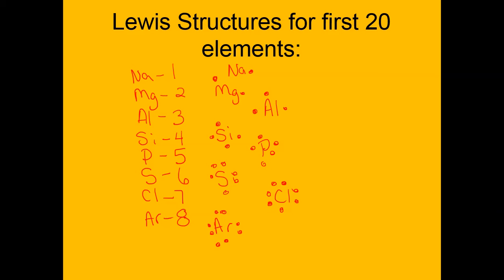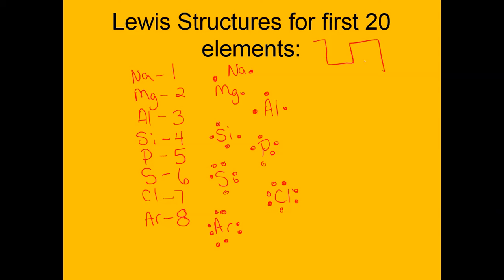Now, let me remind you, I had mentioned to you that in terms of doing Lewis structures, if we're dealing with elements that go beyond or go into that middle section on the periodic table, we generally will talk about it having 2 valence electrons. So you picture the periodic table.